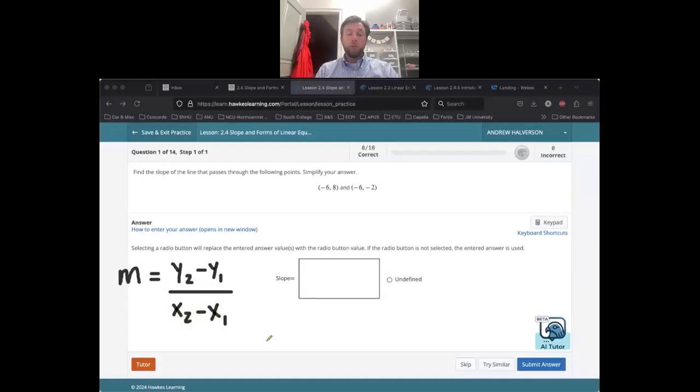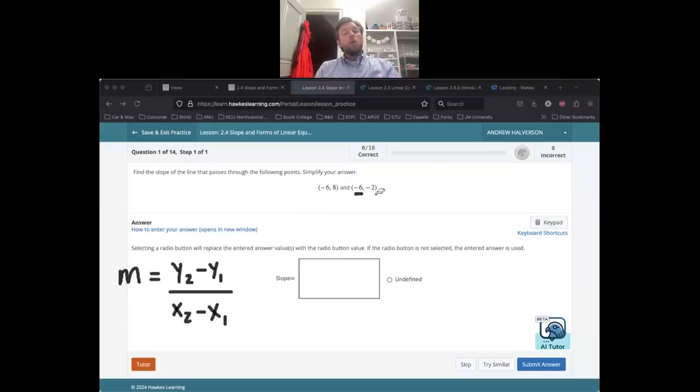Okay, that's the formula. What does it mean? It means the numerator, take the y values and subtract them from each other. The two y values, the first y value and the second y value. That's y2 minus y1, second minus first. And the same thing with the denominator. Take the x's of the ordered pairs and subtract them from each other.